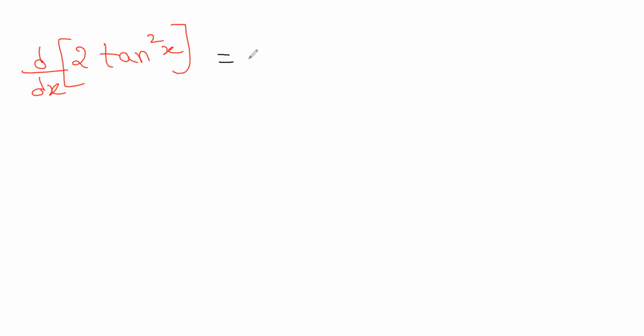So tan square x, we can write as tan x whole square, right? So d by dx of 2 into tan x whole square. Then first we differentiate 2, right?